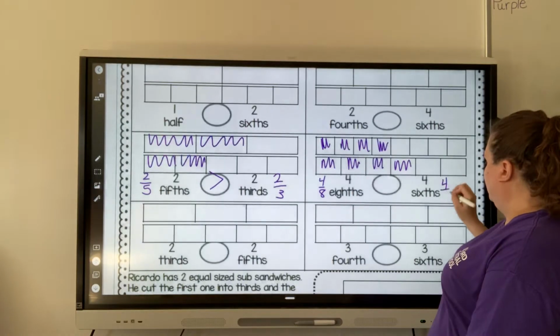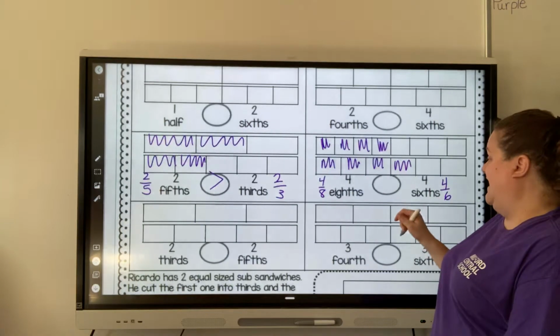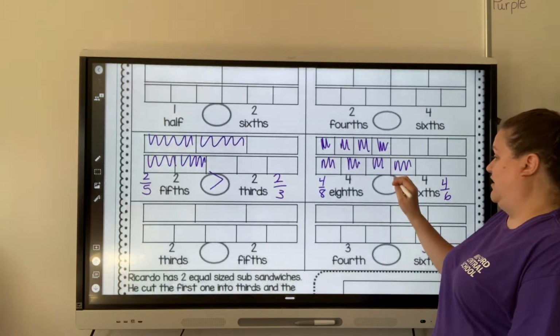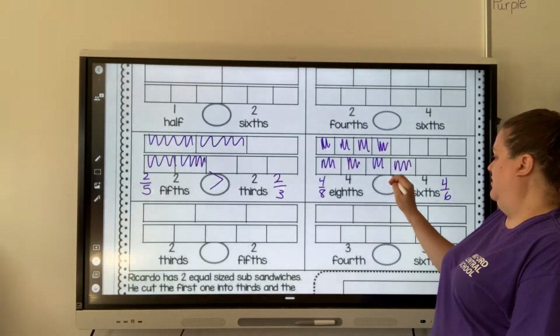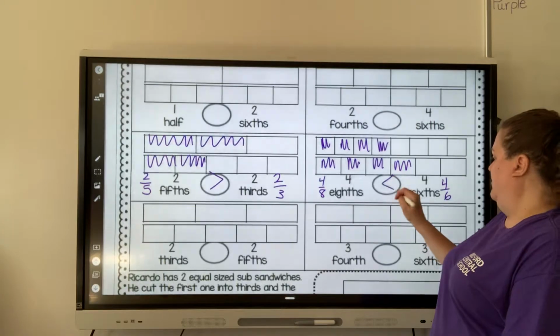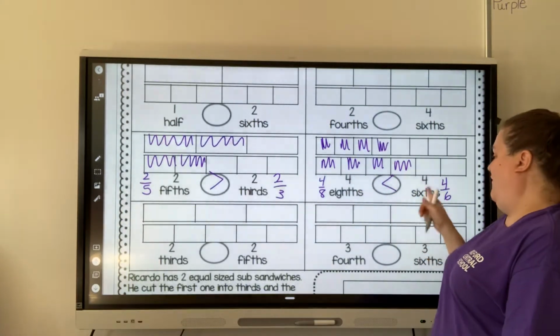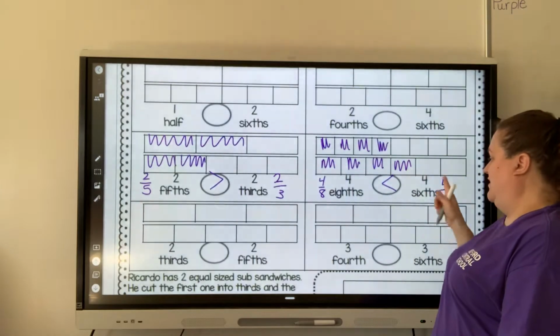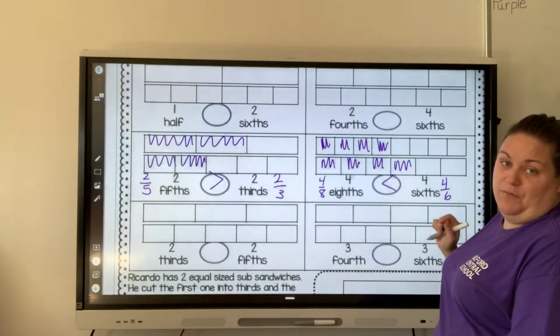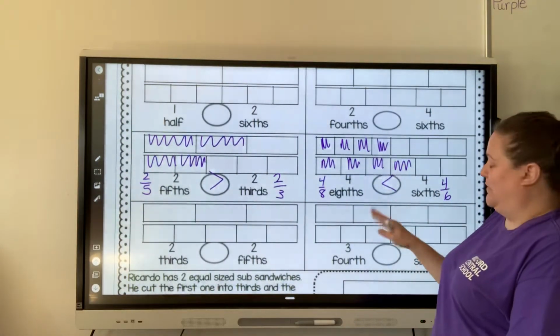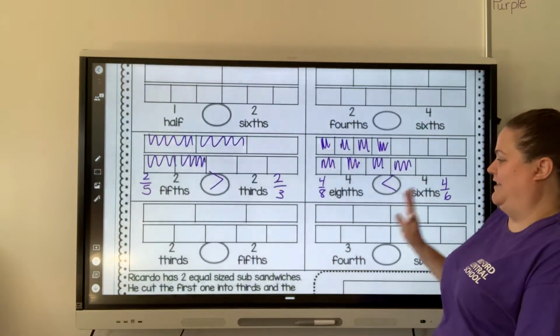And 4/6. 4/6 is going to be greater than 4/8. Well, it's actually 4/8 is less than 4/6 because 4/6 has more on it. I'm reading it backwards, but I'm doing it the right way. I have a hard time with that when I'm trying to do it both ways.